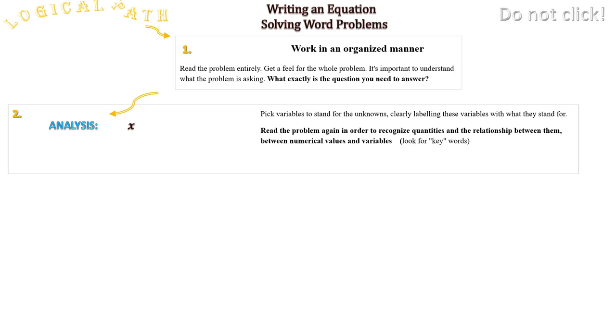After that, the first step is analysis. You have to pick a variable to stand for unknowns, clearly labeling these variables with what they stand for. After that, read the problem again in order to recognize quantities and the relations between them, between numerical values and variables. Look for keywords.